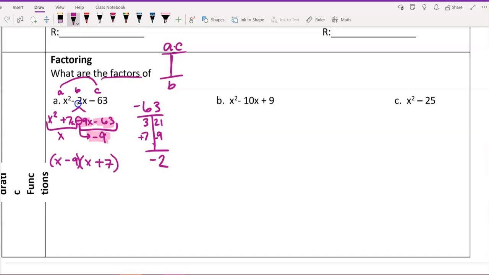All right, and here's a little trick. When your a value is 1, the factors you chose here are going to be your factors in the parentheses.